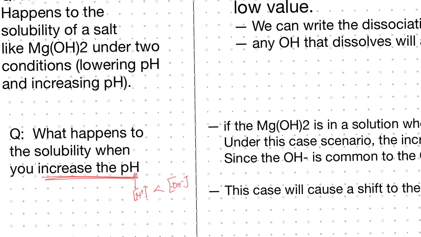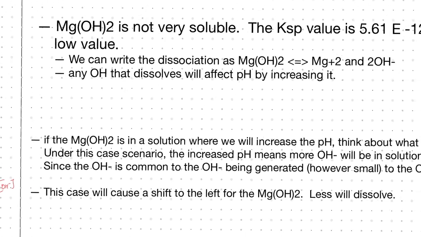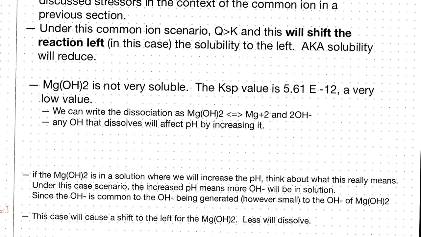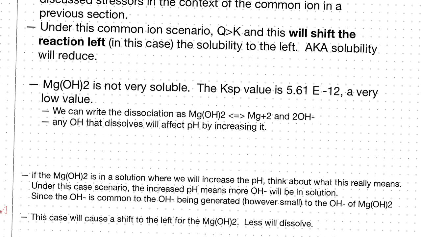So if you look at the notes here, this scenario is discussed. What I'm trying to share with you is that if you take that NaOH and magnesium hydroxide, the magnesium hydroxide already has this small value of 5.61 to the negative 12. When the pH goes up, in this scenario, that means you're going to have a lot more hydroxide in solution.